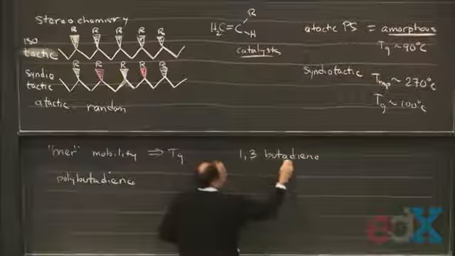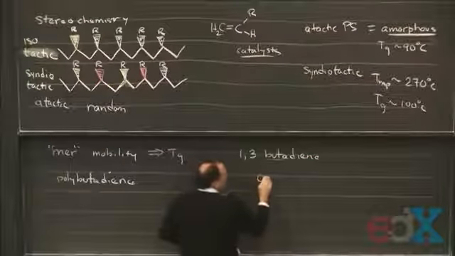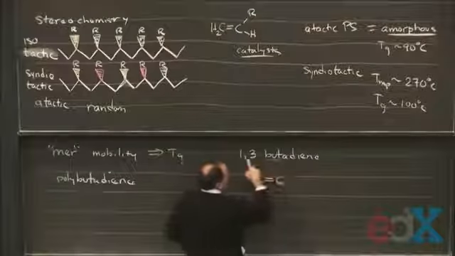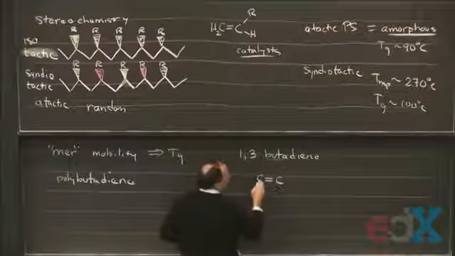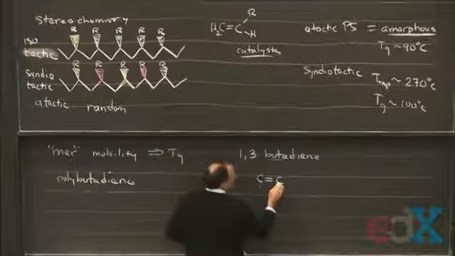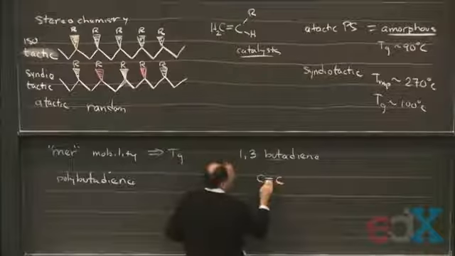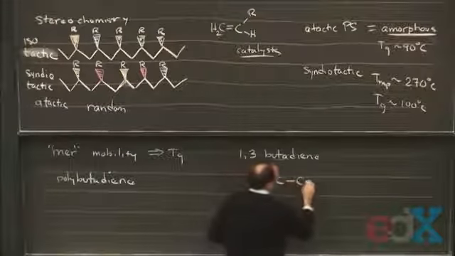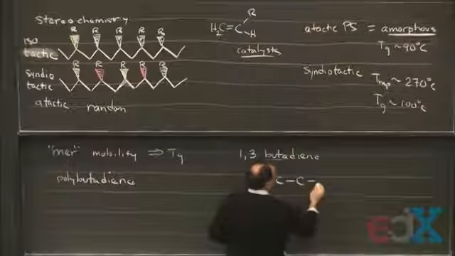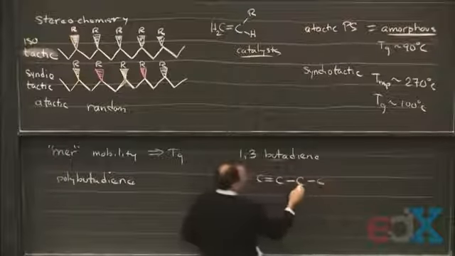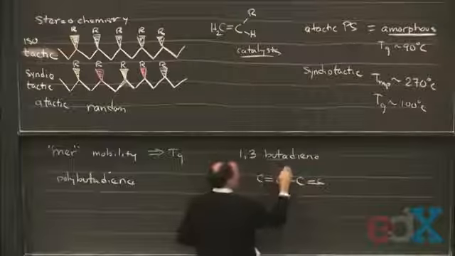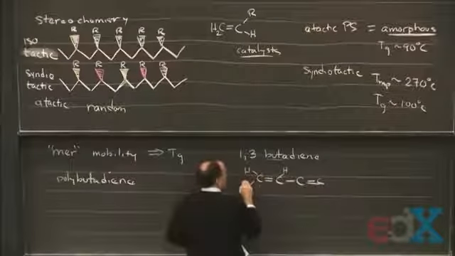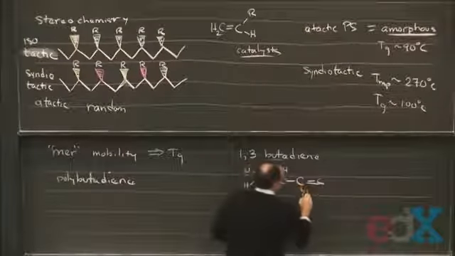Well, it's got bute, so it's got 4 carbons, and it's 1,3-diene. So if this is carbon 1, there has to be a double bond at carbon 1, carbon 2, carbon 3, carbon 4, and there has to be one at carbon 3. So then you can put all the necessary hydrogens on.